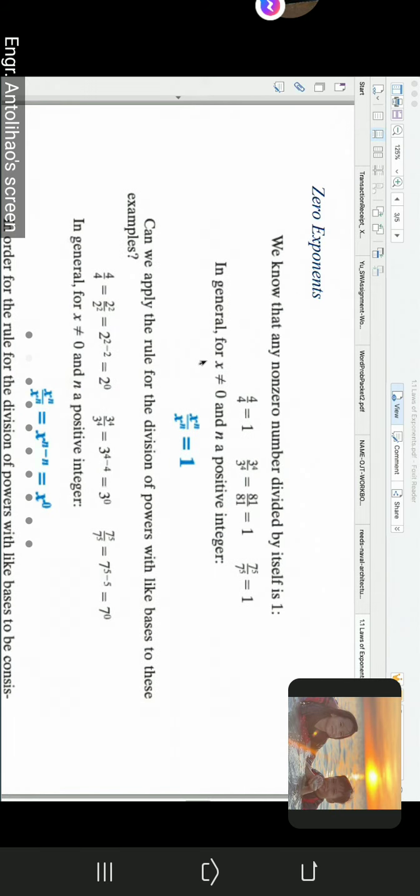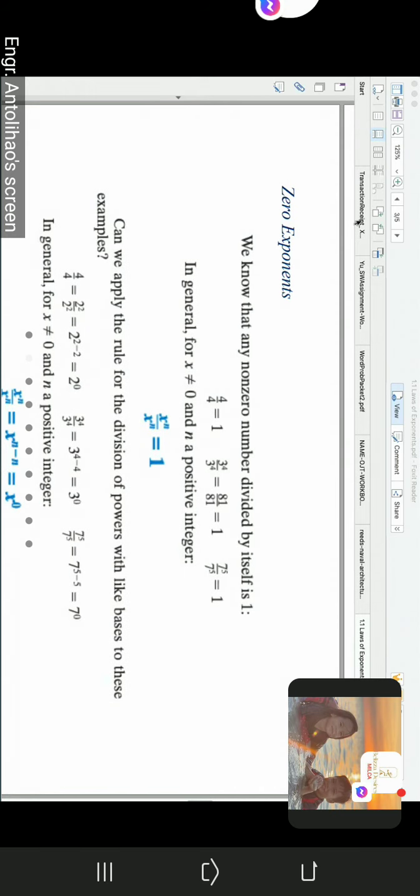Zero exponents. We know that any non-zero number divided by itself is 1. For example, 4 divided by 4 is equal to 1. 3 to the power of 4 divided by 3 to the power of 4, when we simplify, is 81 all over 81, which is equal to 1.